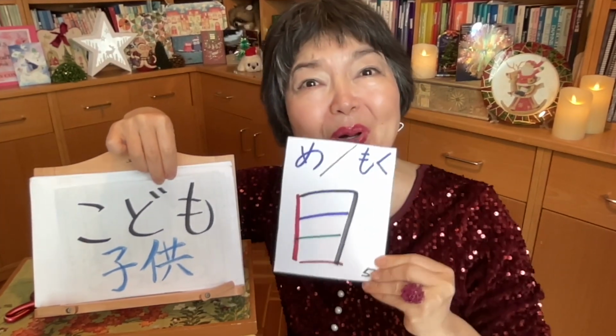子供の目がキラキラしています。Now I'm wearing a shining dress with lots of red spangles. Spangles, we say in Japanese, スパンコール, spangles. And in this case, red.